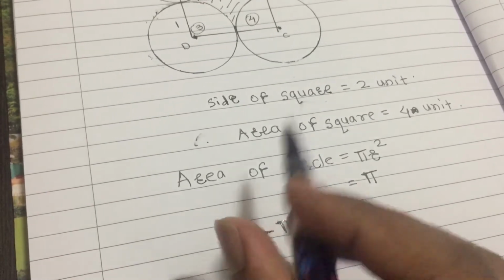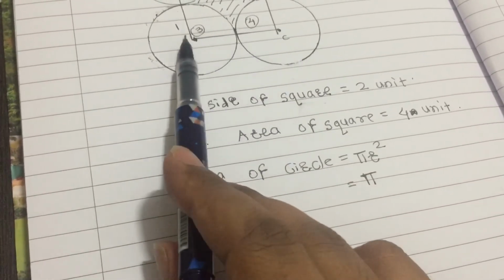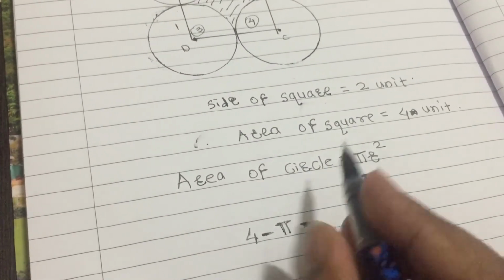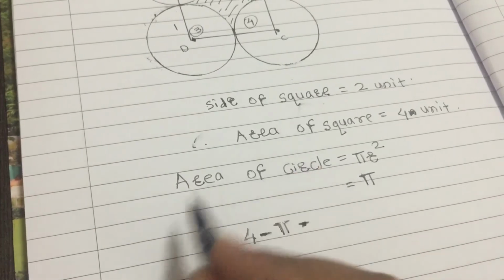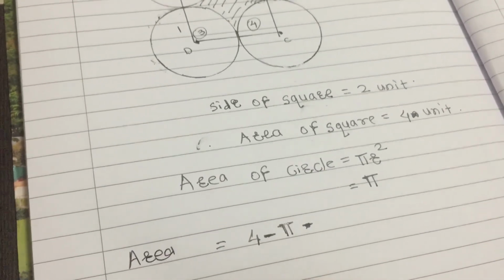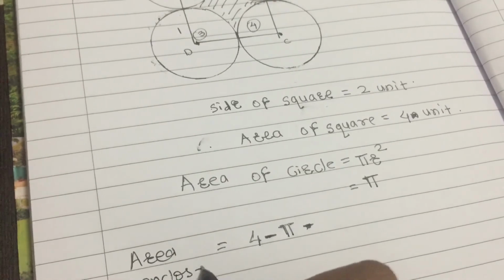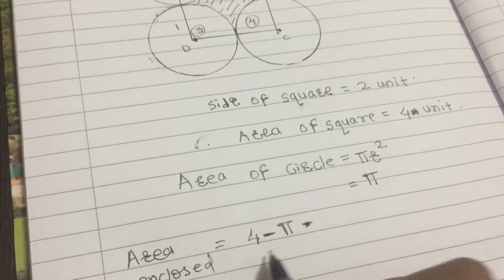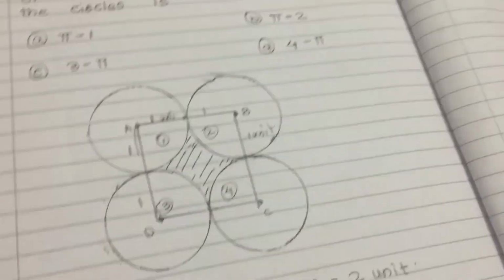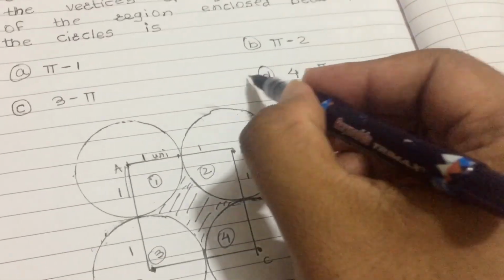The area of the square minus pi is nothing but the area enclosed in between the circles. So the option 4 minus pi is correct. Yes, so option 4 is correct.